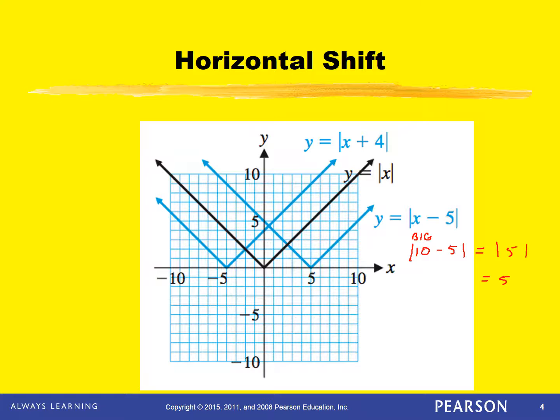It takes a 10 to produce an output of 5, whereas it used to be that it took a not so big value of x, just regular 5, to give you an output of 5. And so that's why the graph goes the opposite direction of what you would think under this transformation.